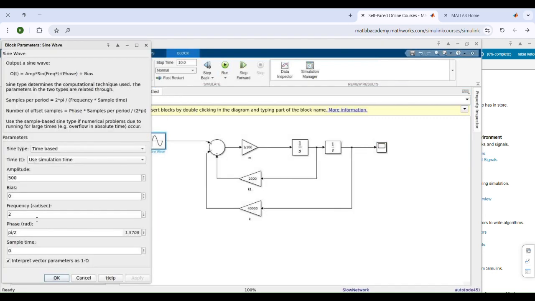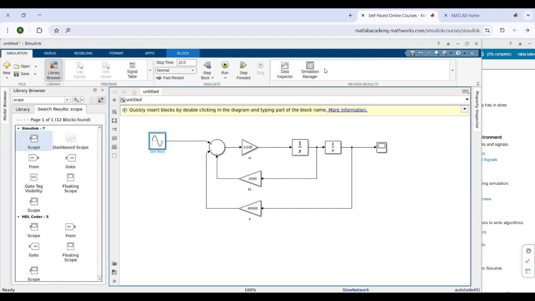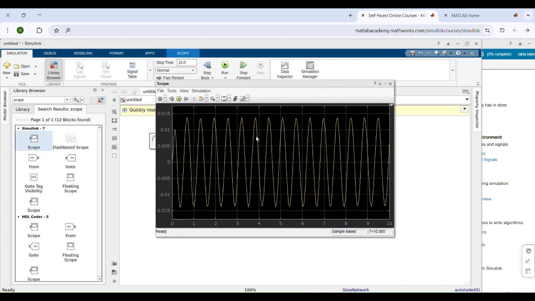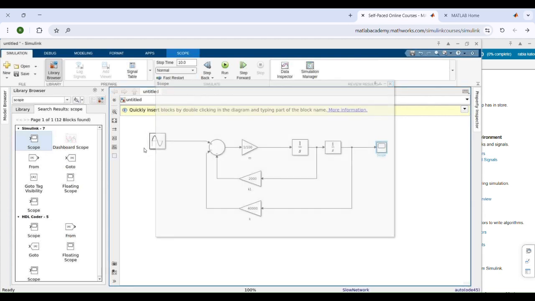Let's see 10 and 1. And here is more uniform than before, and you can see the peaks are approximately the same.